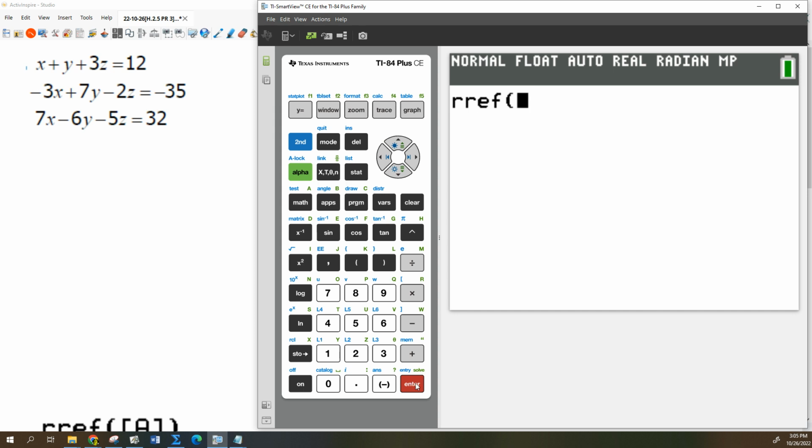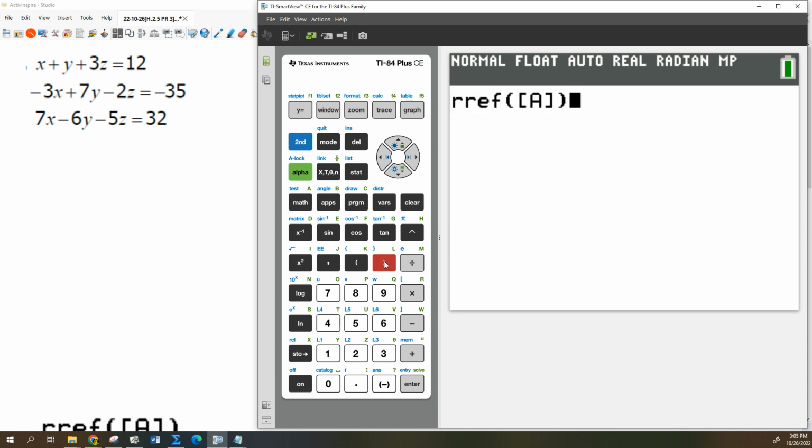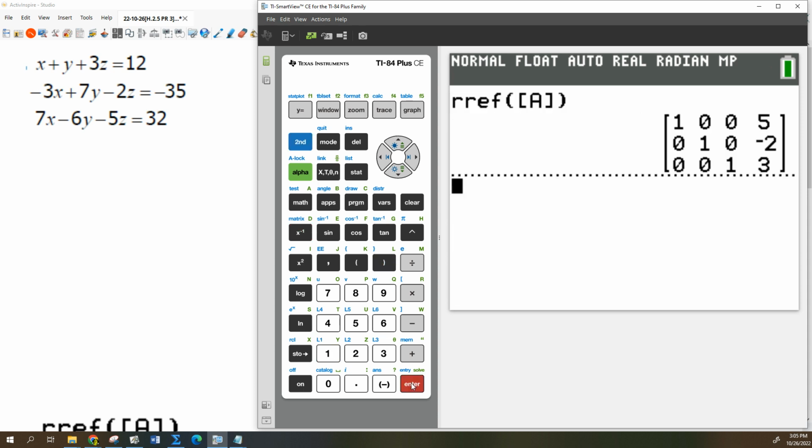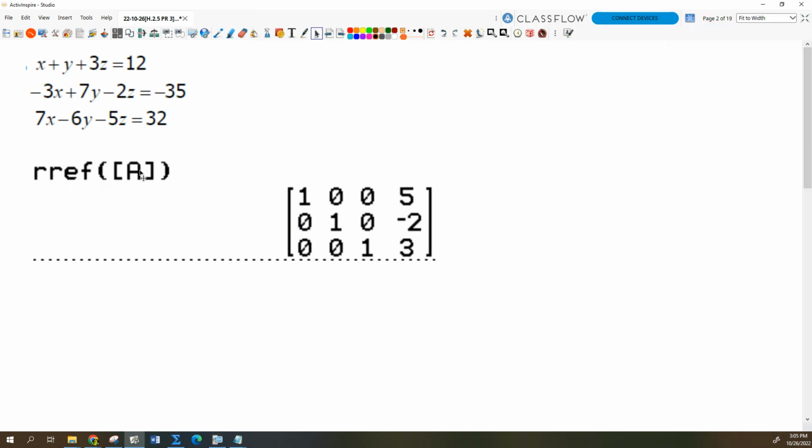So I choose that one. And what goes inside RREF, do you think? A, exactly. So I've got to go second matrix 1, close the parentheses, and hit enter. And look at that. That looks familiar, doesn't it? Okay. Right. So notice what that is. There's the output.